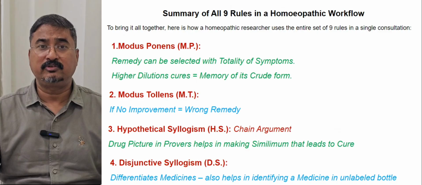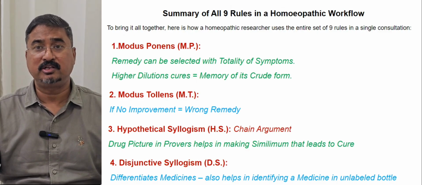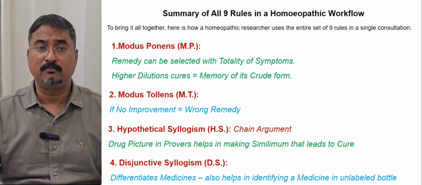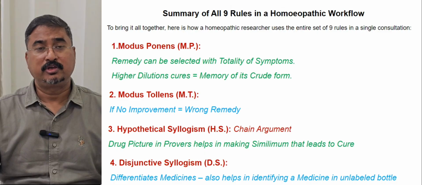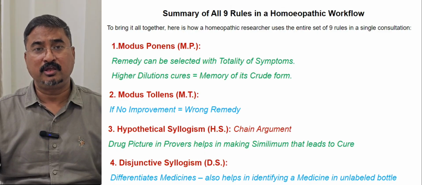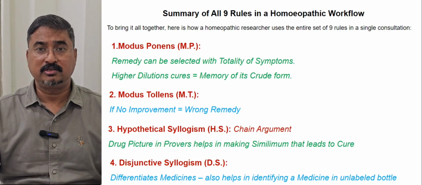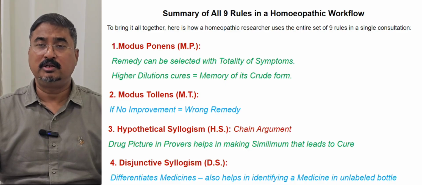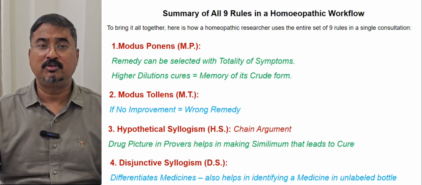It also validates that higher dilutions cure because they contain a biologically active memory of the crude form. We have discussed it in the last lecture, right? Second, modus tollens guides us: if this remedy was correct, the patient would improve. They did not improve. Therefore, the remedy was wrong.